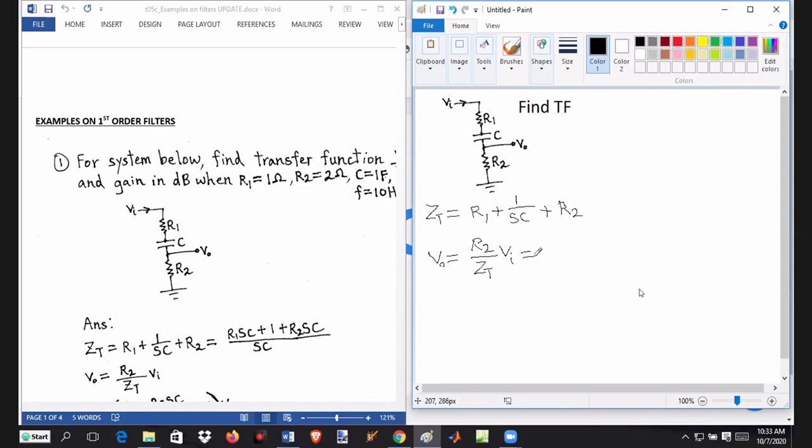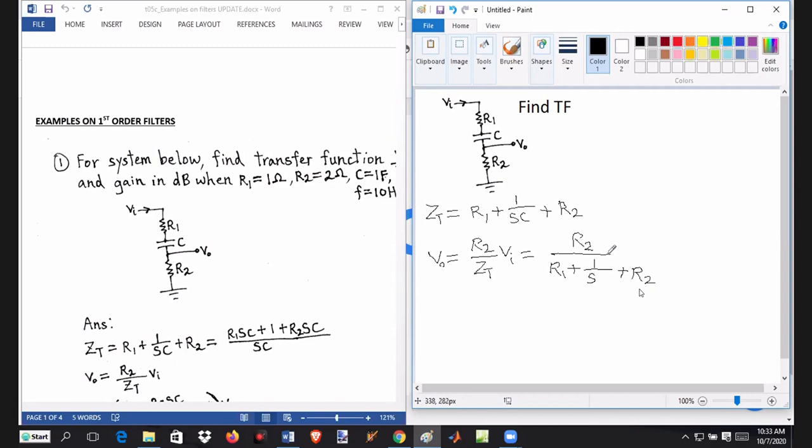Then this is equal to R2 divided by R1 plus one over SC plus R2. This is how you find the VO.